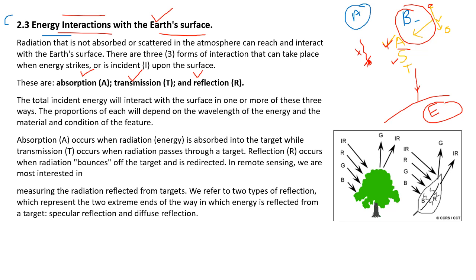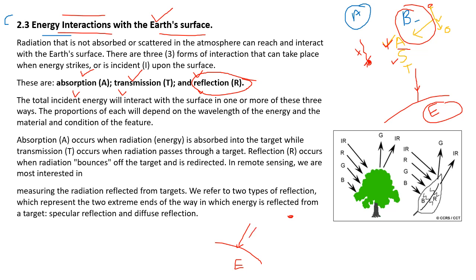Now think about which one is important from the viewpoint of remote sensing. Is it absorbed energy, transmitted energy, or reflected energy? Guess what the answer should be. The answer is reflected energy. Why? Because if this is the earth and here is the satellite, the absorbed energy has been lost to the earth because it is already absorbed.